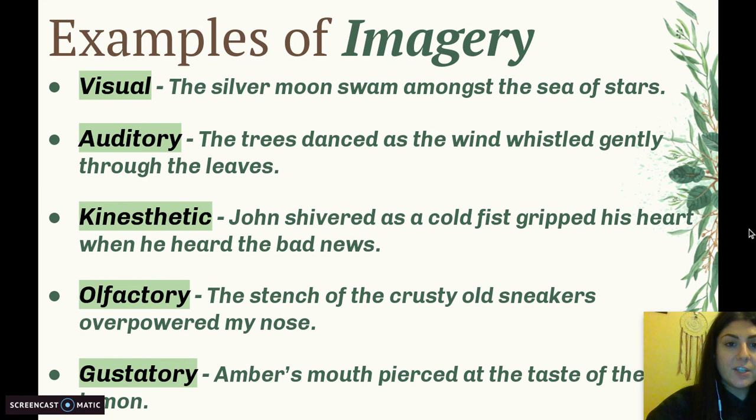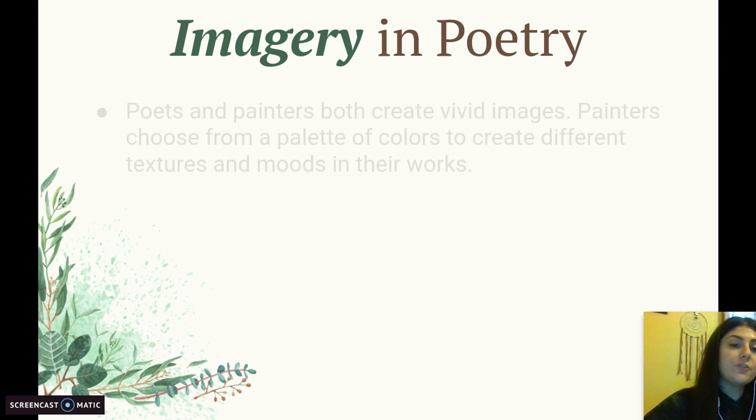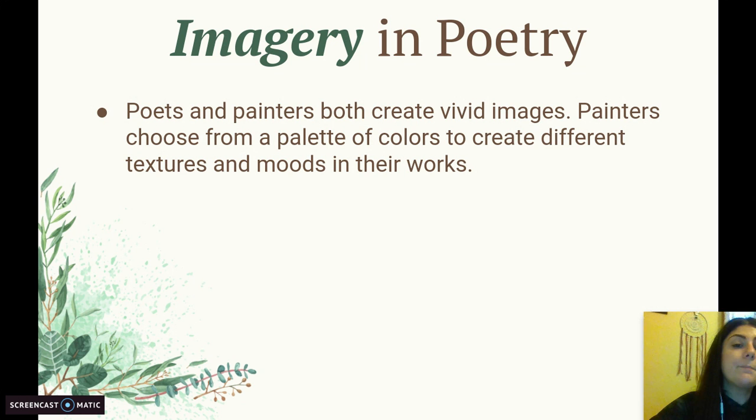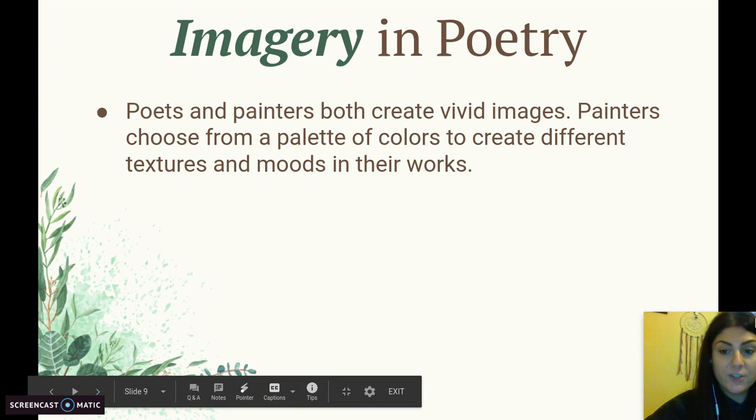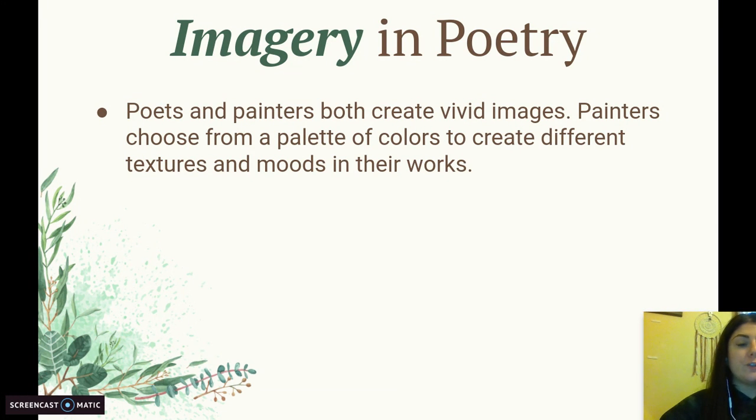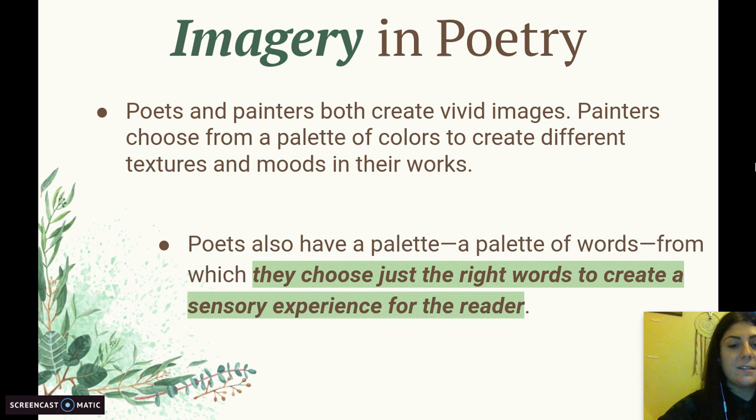All right. So in addition to that, here's how imagery works in poetry. Just like painters, poets are really talented and gifted at painting images in the reader's mind. Painters choose from a palette of colors to create textures and moods for their works, while poets have a palette of words.